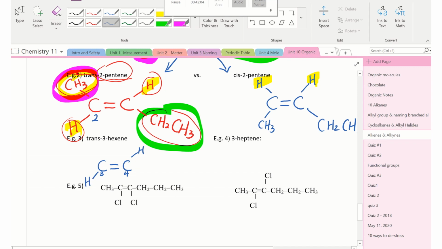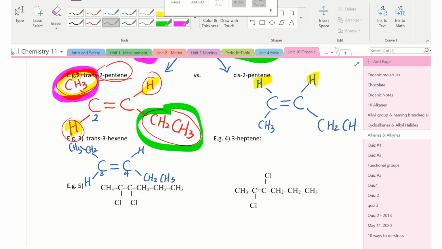Okay, and then all I need to do is add in the rest of the carbons on the opposite end. Okay, so I have my carbon 2, CH2, and then my carbon 3, CH3, on one end. So that's 1, 2, 3, 4, 5, and 6. Okay, so that's trans 3 hexene.